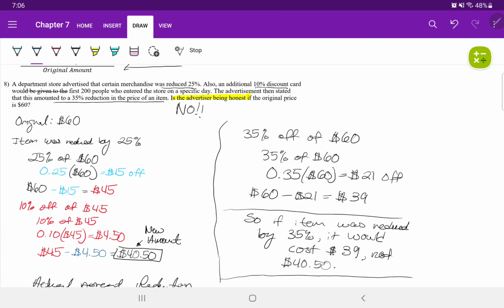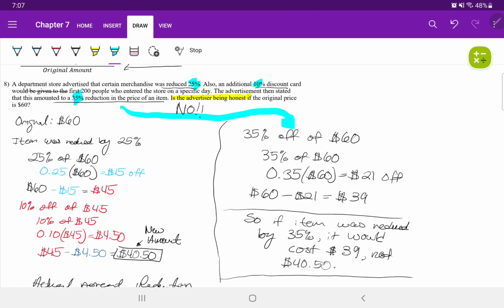We want to see if the advertiser was honest about it being 35% off, because the advertiser added the 25% and the 10% and then claimed it to be 35% off. So we want to check that by finding 35% off of $60.